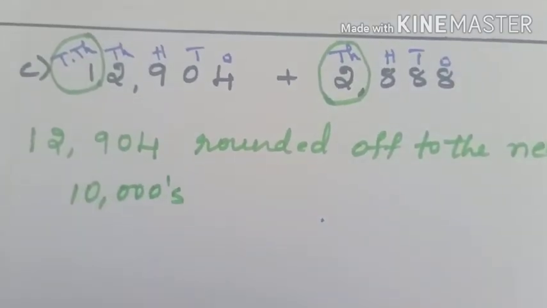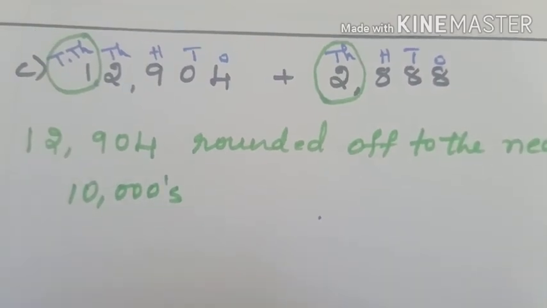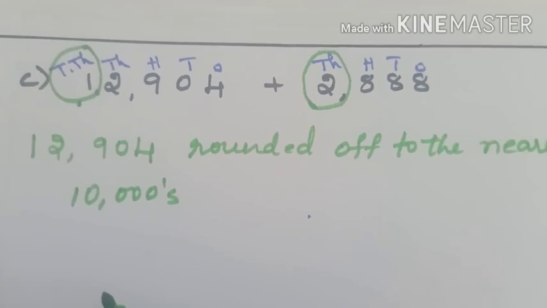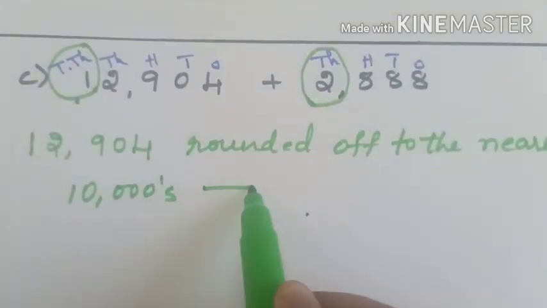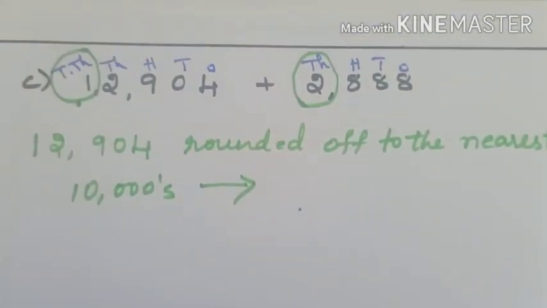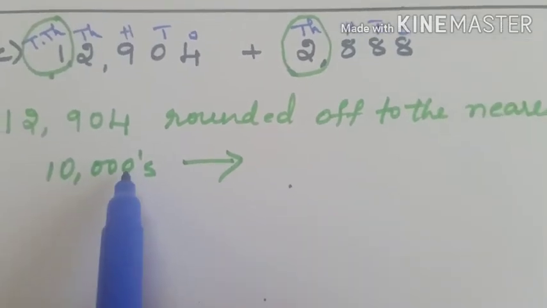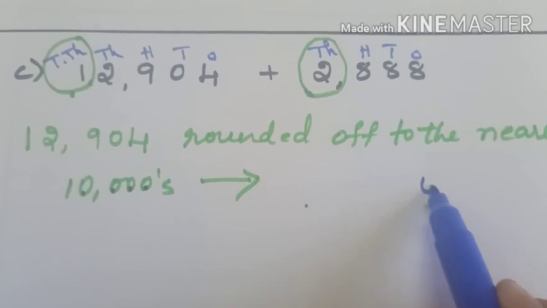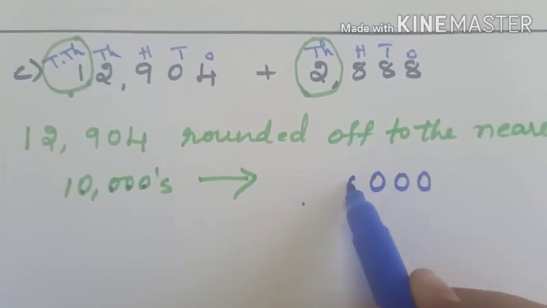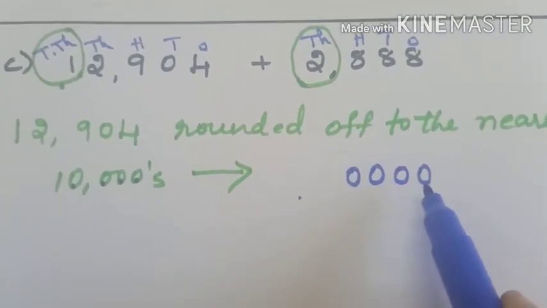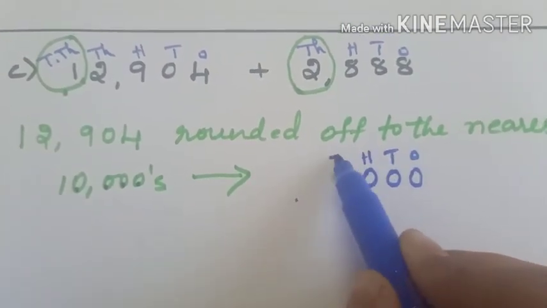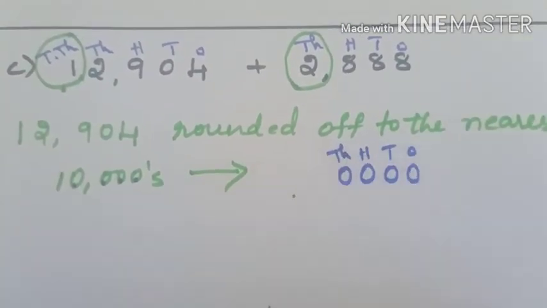Why are we rounding off to the nearest 10,000s? Because the highest place value is 10,000s here. Fine. So since we are rounding off to the nearest 10,000, can you count the number of zeros? 1, 2, 3, 4. Write down 4. 4 zeros. That is, the ones place, tens place, hundreds place and thousands place are 0.